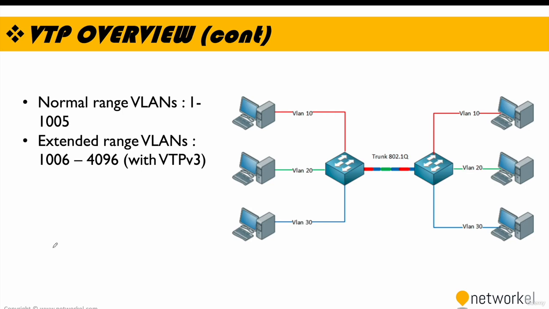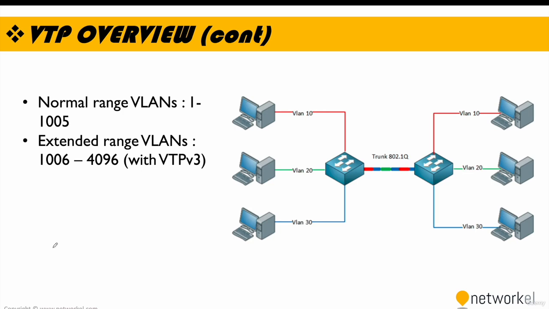Each time a change is made, the VTP server increments the configuration revision number, allowing switches to determine if they need to update their VLAN information. So, in a VTP domain, the VTP server plays a central role in maintaining VLAN consistency and simplifying VLAN management across the network.